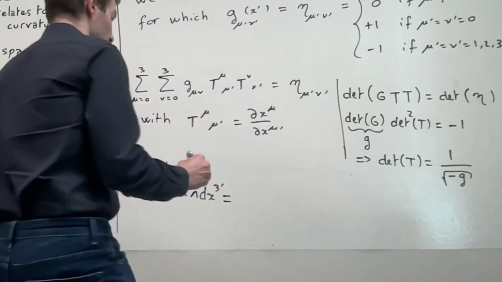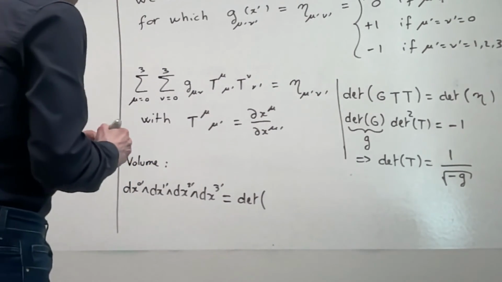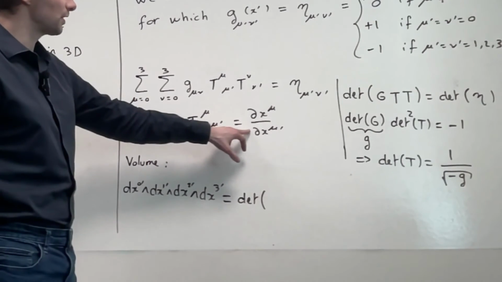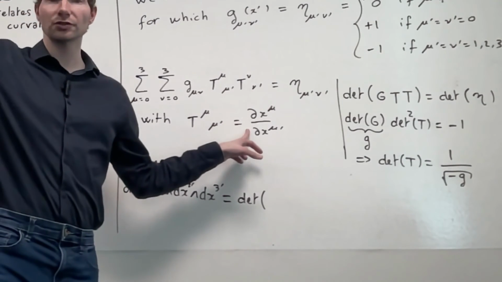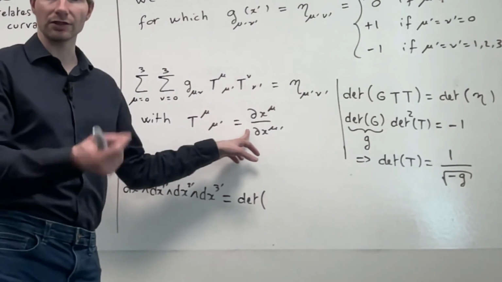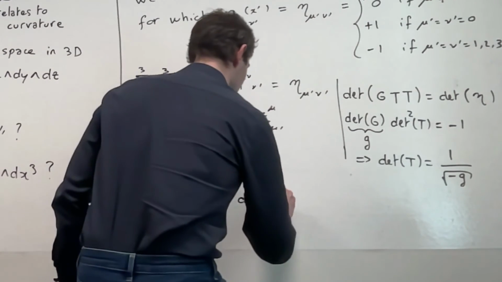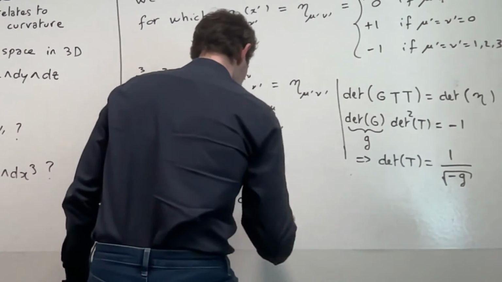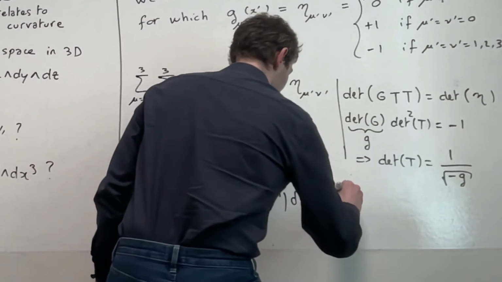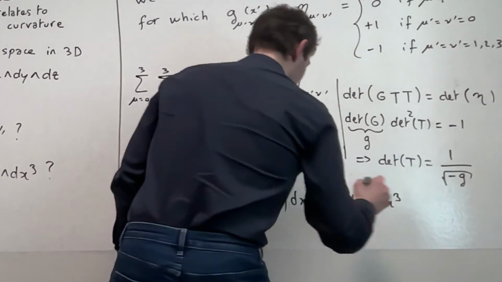and that's going to be the determinant. And if you look at how that works, it has to be the inverse of t actually. So if I use a formula, and I'm going to put the reference to the formula I'm referring to, related to the determinant of the Jacobian matrix, here this is going to be t minus 1, and then dx0, dx1, dx2, dx3.